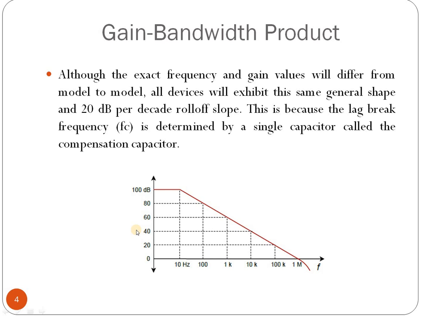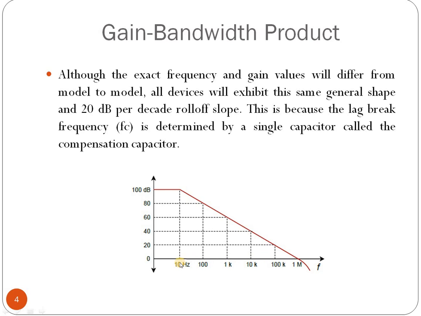In the first portion there is a constant part, so for low frequency there is constant gain, here 100 dB, and then it starts to roll off. From 10 Hz it starts to roll off, and as the frequency increases the gain decreases, and this roll-off slope is 20 dB per decade.